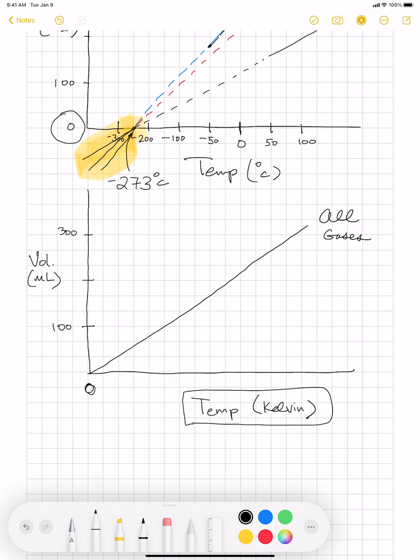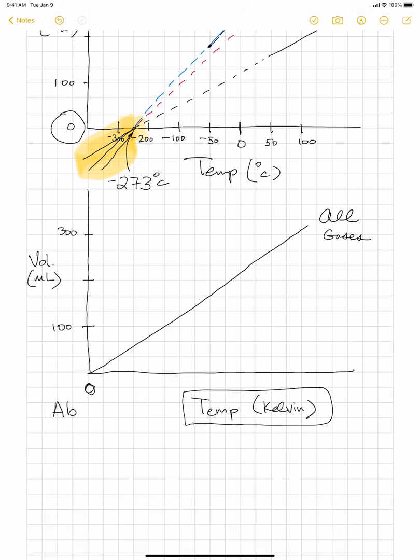We call that absolute zero, which is equal to 0 on the Kelvin scale. This is the temperature at which all motion of particles stops. There is no more movement of particles at all, and it is the lowest temperature that can exist.